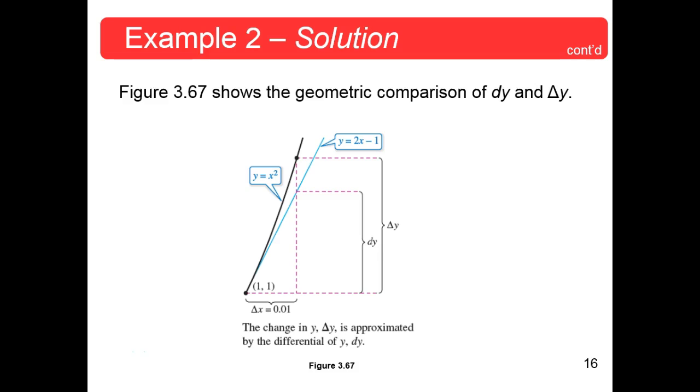And this was 1.0201, so that then is the difference. Okay? That illustrates what we were just doing, the difference between the differential dy and the actual change of y, delta y. Okay.